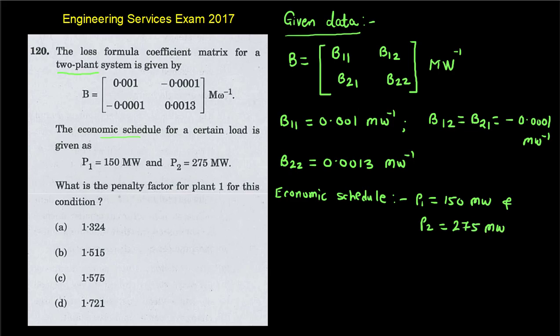What we need to determine is the penalty factor for plant 1. Basically we have to calculate the penalty factor of the first plant, denoted by L1. So we need to calculate how much L1 is. Now we can solve this particular problem. Let me write the solution here.